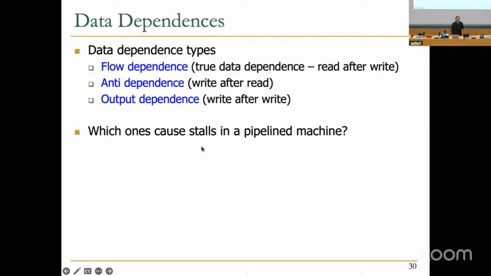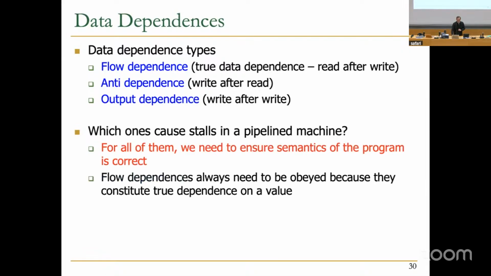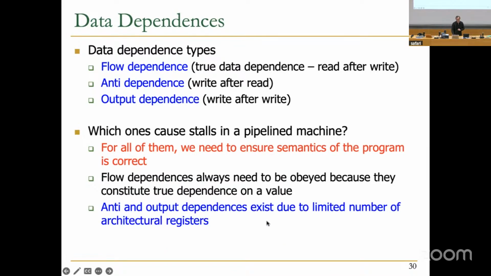So which one causes stalls in a pipelined machine? Essentially, for all of them, we need to ensure the semantics of the program is correct. I'm going to show you the anti and output dependencies with a pictorial example soon. Flow dependencies always need to be obeyed because they constitute true dependence on a value, right? You communicate values between instructions. Anti and output dependence exist due to a limited number of architectural registers. For example, output dependence means write after write.